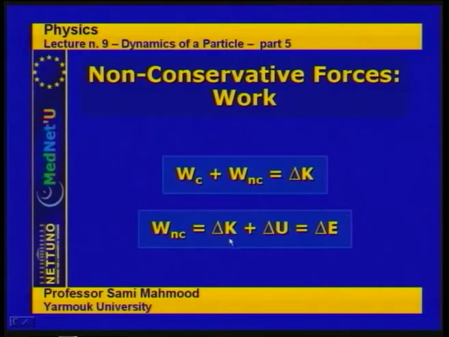This is simply the change in the total mechanical energy, which means that if non-conservative forces are acting on an object, it will change its total mechanical energy, and the total mechanical energy is not conserved anymore due to the work done by non-conservative forces.